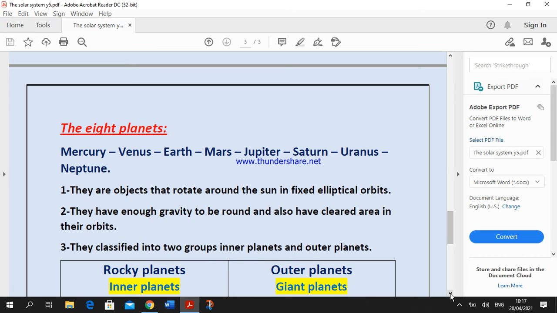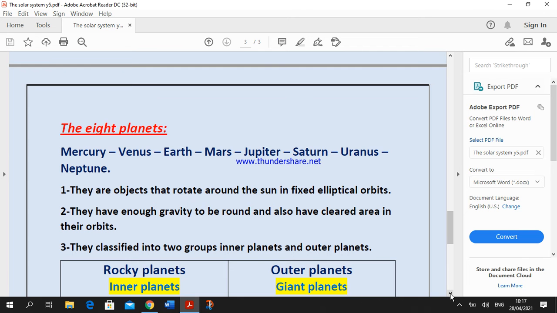Mercury is the smallest planet in the solar system, while Jupiter is the largest one. When we arrange the planets according to size from the biggest to the smallest: Jupiter, Saturn, Uranus, Neptune, Earth, Venus, Mars, Mercury.